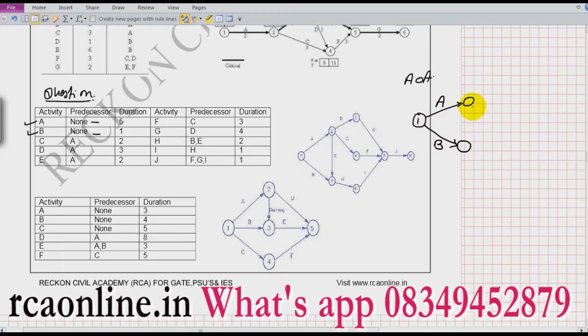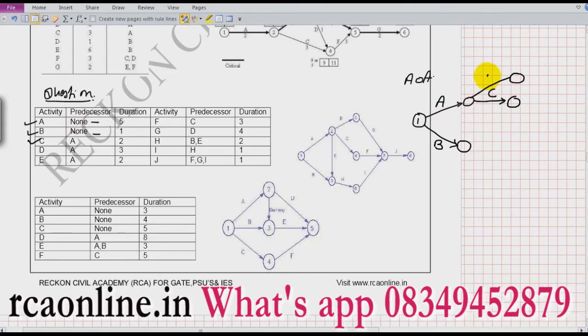Now what it says: activity C is preceded by A only. So this will be my activity C. Clear? Now this is done. Now D is also preceded by A only.